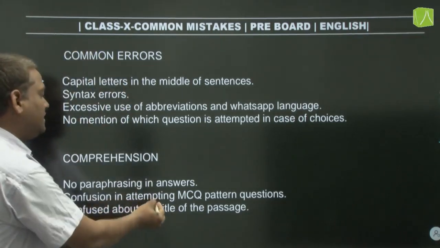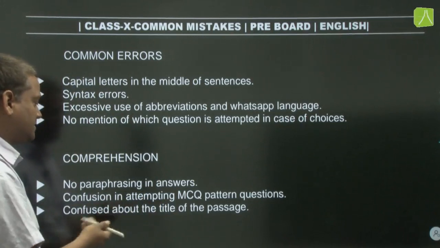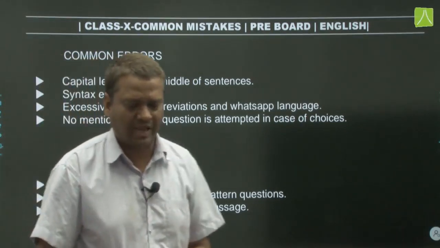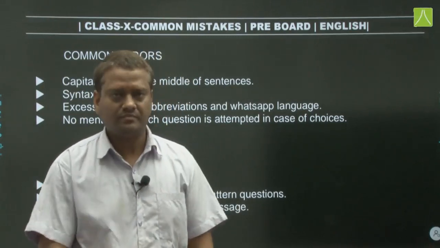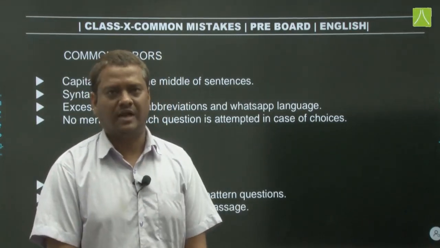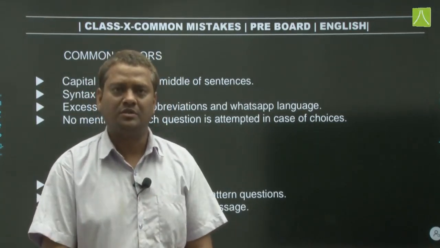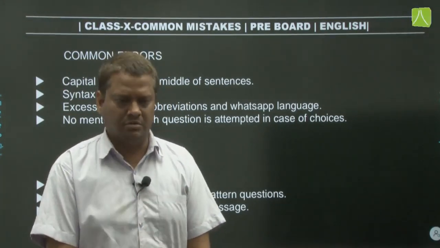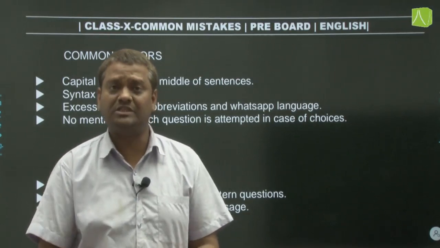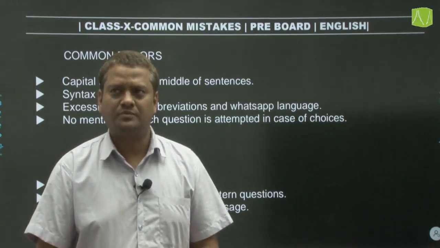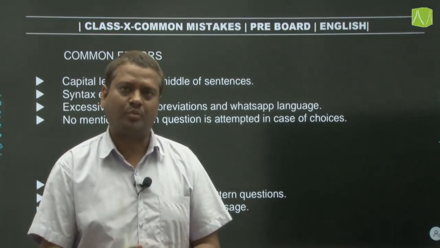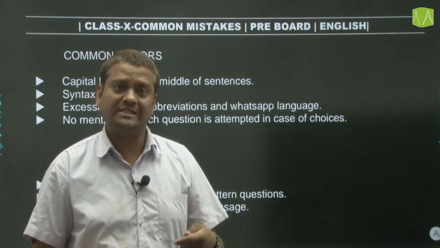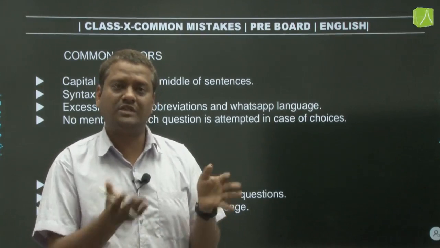Confusion in attempting MCQ pattern questions. The confusion is that you have a question and four options from which you have to choose the correct option. But when you see the options, you may get confused that option A is correct, option B is also correct, and option C and option D are also correct for the question.